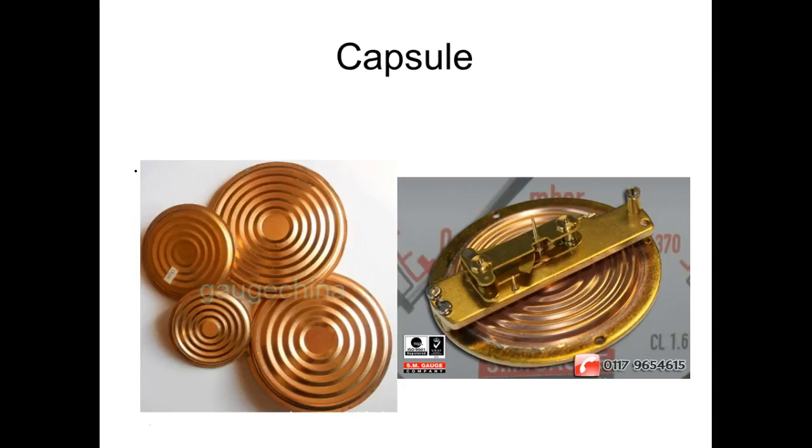This is a capsule. Basically, it's just a thin metal like copper or brass. They've got two plates, and when you put a pressure on it, it's going to try to collapse or expand, right? So it works kind of like a bellows.